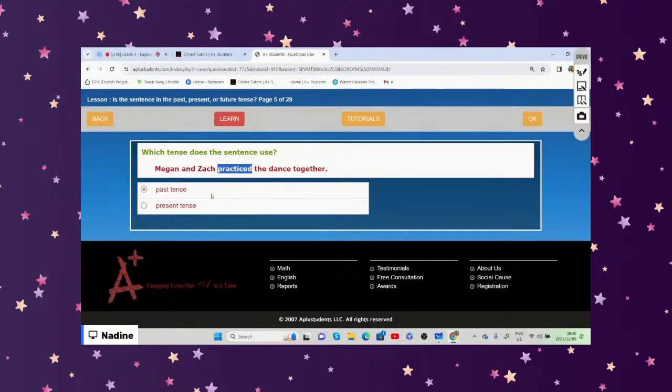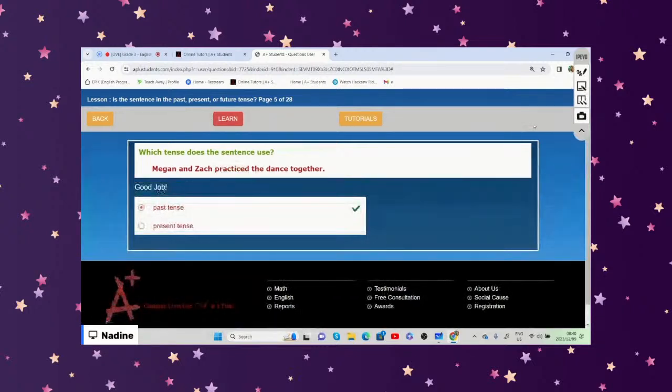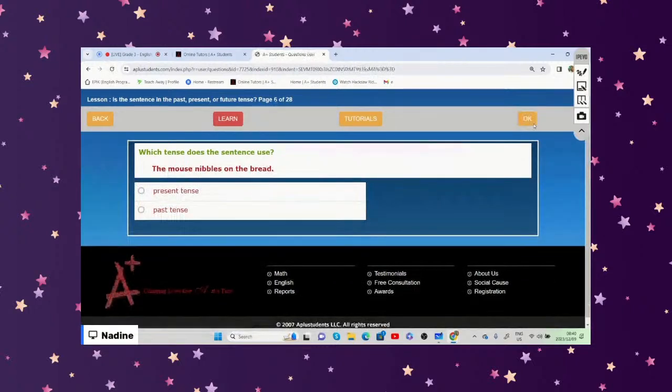And in the future, Megan and Zach will practice the dance together. So this is the past, because practiced, remember, past tense either ends in d or ed. So, well done. Past tense is correct, not the future tense.